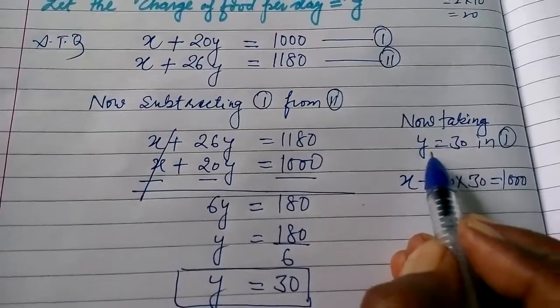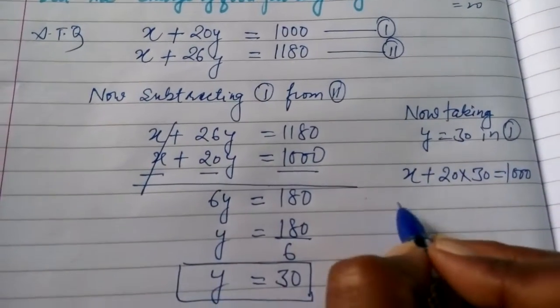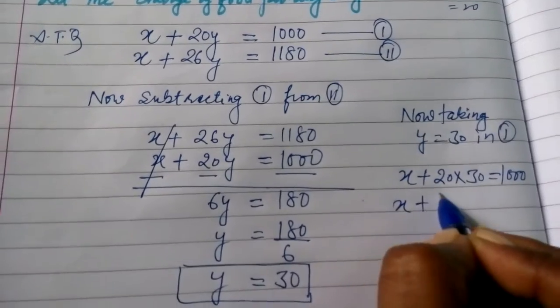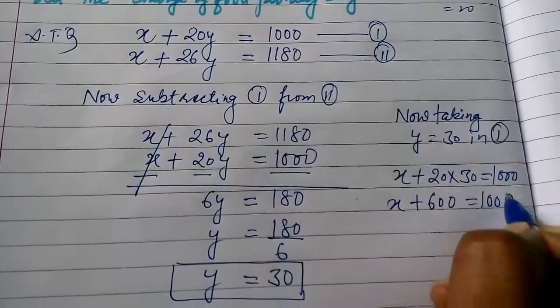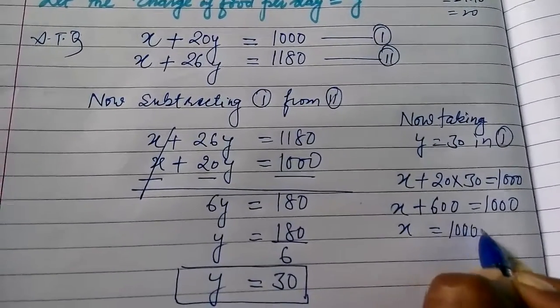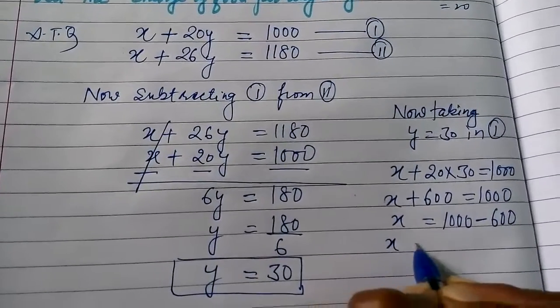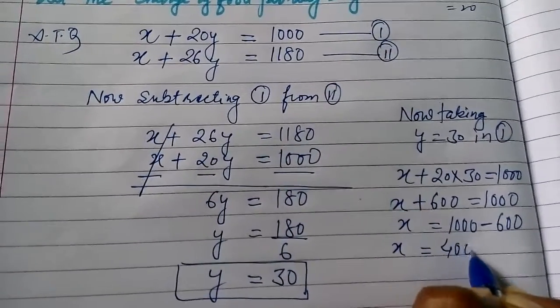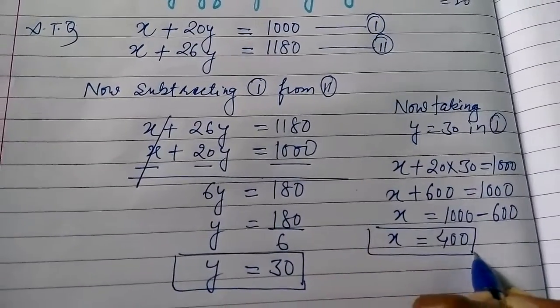Because I am taking y is equal to 30 in 1, that means in place of y I am taking 30. So x plus 600 will be equal to 1000, and x will be equal to 1000 minus 600. So x will be equal to 400. So the fixed charge is 400. So I got both the charges.